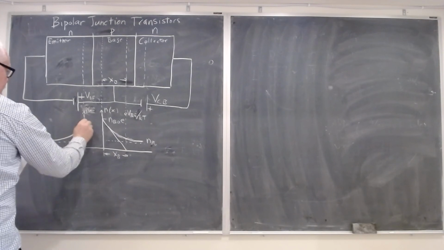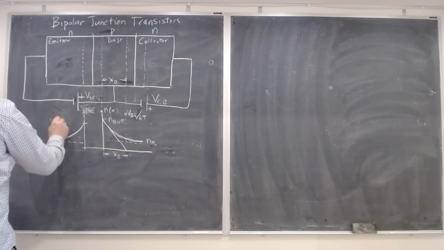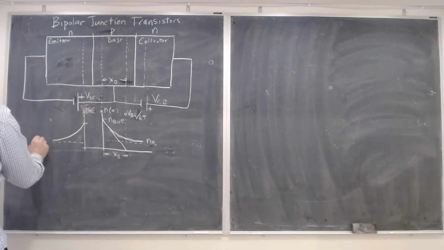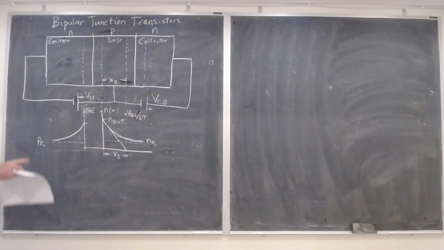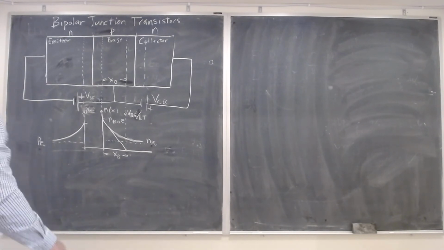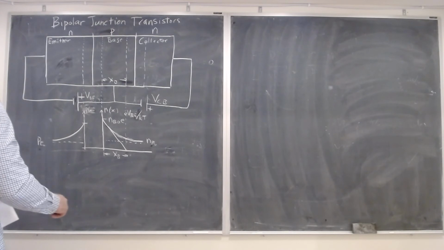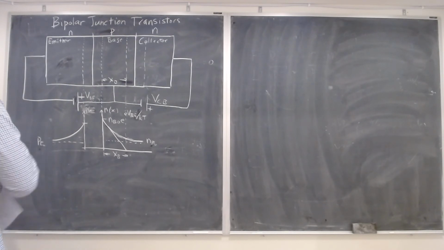I'm going to use the term P E0 for the equilibrium concentration in the emitter. Well, I kind of made this too long now.